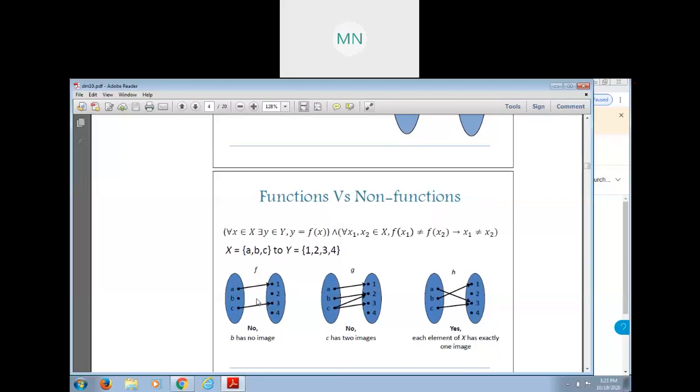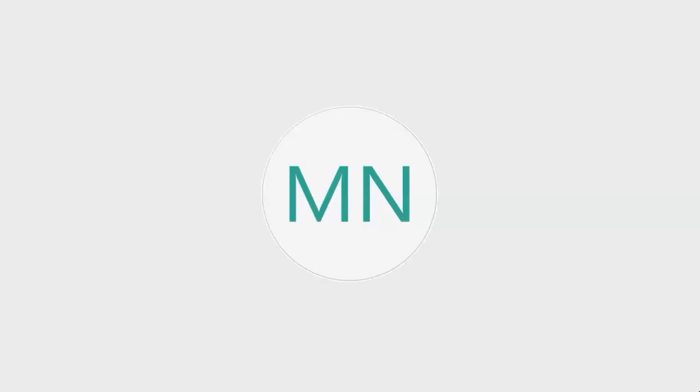Here the elements of the first set are what?